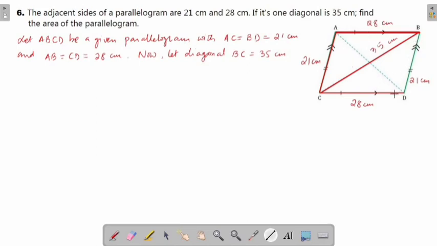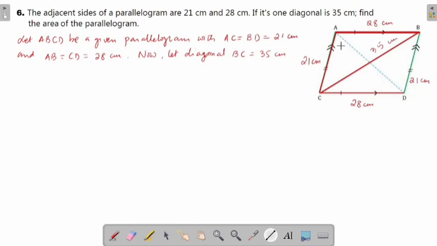Now if you look at triangle BCD, BC is 35, BD is 21 and CD is 28. So triangle ABC and triangle BCD are equal triangles. In fact, they are congruent triangles, so the area of one triangle will be the same as the other.